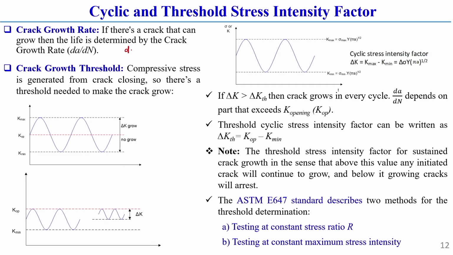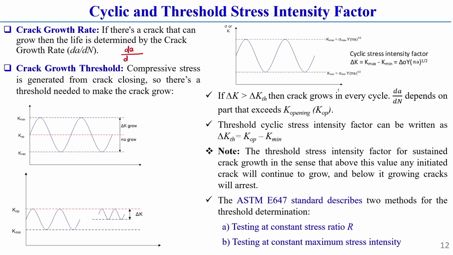That means, with the number of stress cycles, how the crack length is increasing or propagating is called the crack growth rate, da/dN, where a is the crack length and N is the number of fatigue cycles.